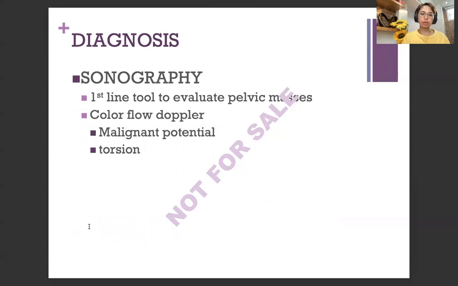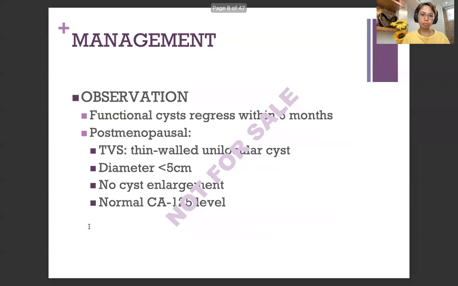On ultrasound, this is considered to be the first line tool to evaluate pelvic masses. We will be able to appreciate color flow in color flow Doppler among malignant ovarian new growth or those with malignant potential. And of course, you will be able to appreciate also the blood flow or loss of the blood flow if we are suspecting torsion.